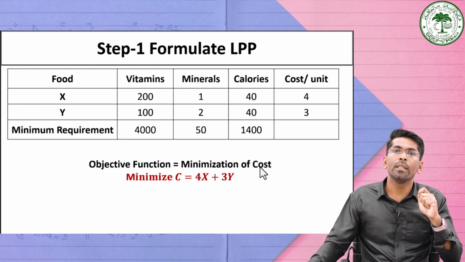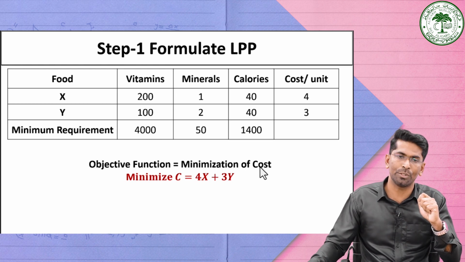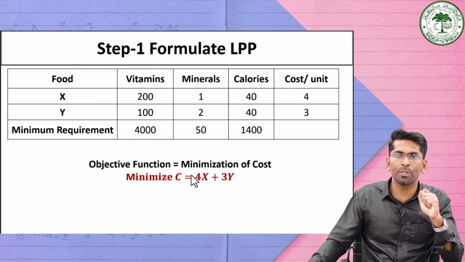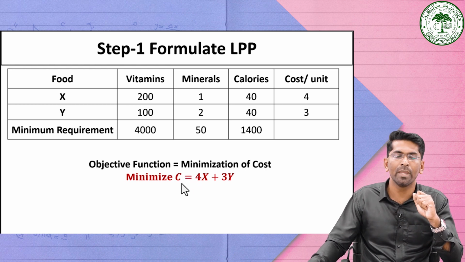So here the poor patient, the poor person, wants to minimize the cost. The cost of X is equal to 4 and the cost of Y is equal to 3. So I am going to frame the objective function, that is minimization of cost. I am denoting the cost by C, which is equal to 4 into X, that is 4X plus 3Y.